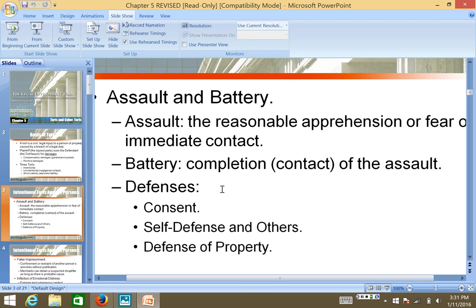Will the law allow you to use deadly force to protect yourself or others? Absolutely. You have someone that breaks into your house. You are in reasonable fear of receiving great bodily harm or death, or one of your family members. Are you entitled to use reasonable force, including deadly force, to protect yourself and your family? Absolutely, you certainly can.